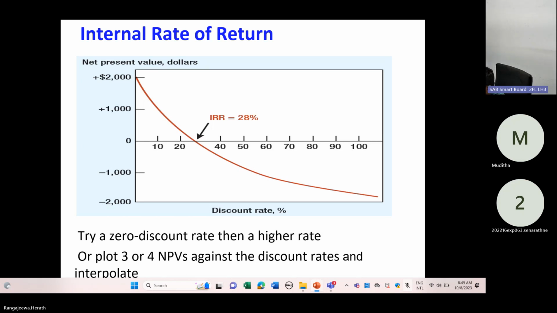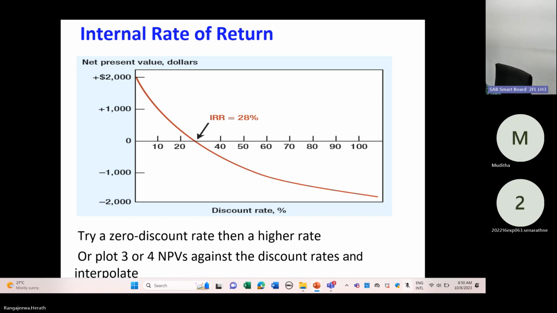That means when you discount the project cash flows using 30%, your NPV is somewhere here. That means you end up with a negative NPV, so you should not accept the project. What that means is, if the IRR of the project is less than the investors' expected rate of return, you should reject it. That is the decision making.